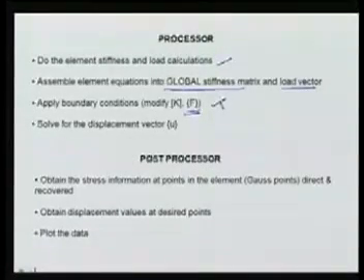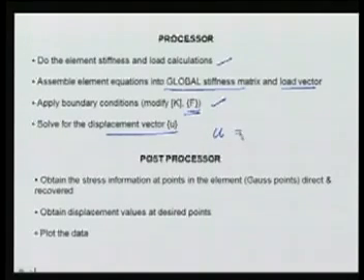Once I take care of these things, then I solve the final system Ku = F and find out the displacement vector U. Now, displacement vector U essentially corresponds to the coefficients of our series representation of the approximate solution.